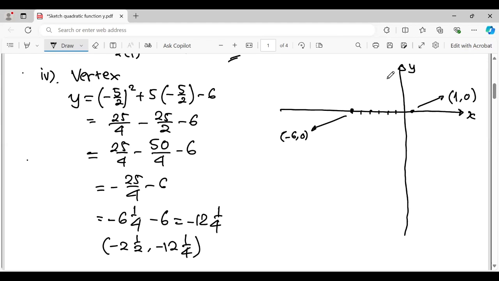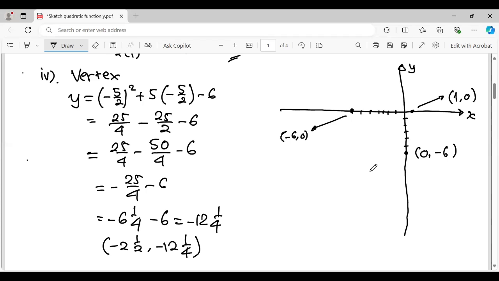And after that, the intercept point on the y-axis, 0, comma minus 6. 1, 2, 3, 4, 5, 6. Here, this is 0, comma minus 6. And then the vertex, minus 5 half, 1, 2, this 2 half.